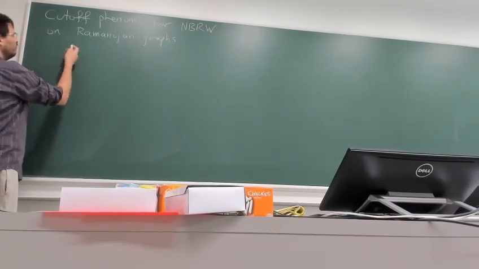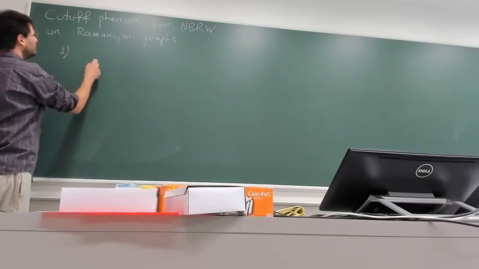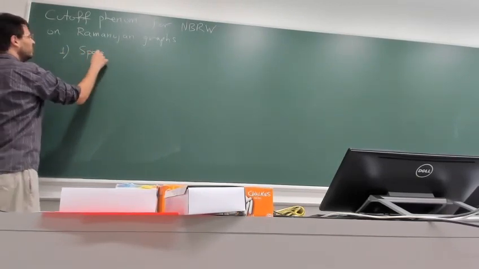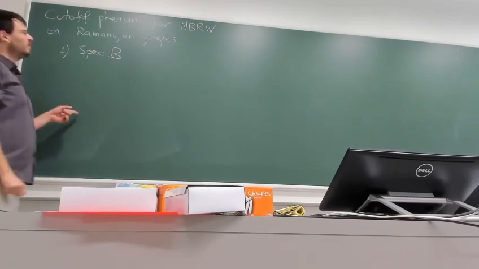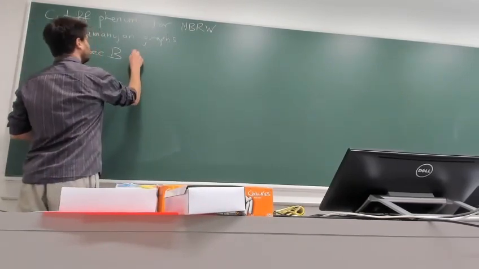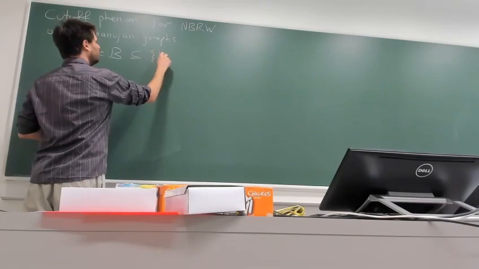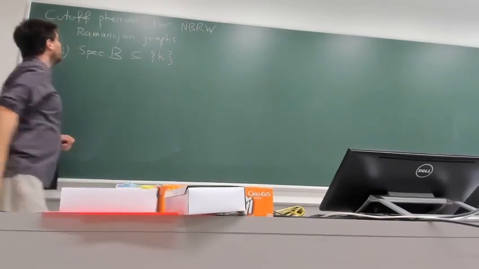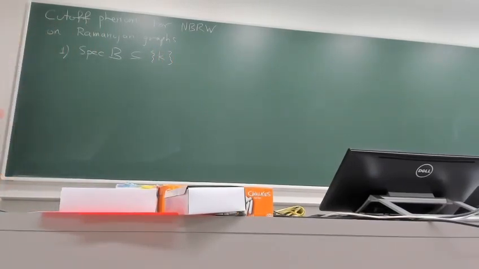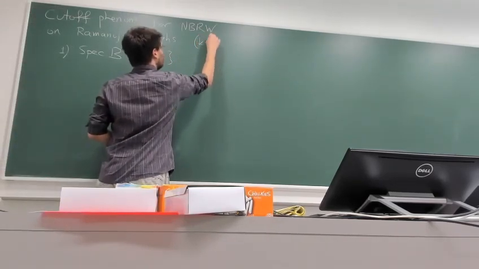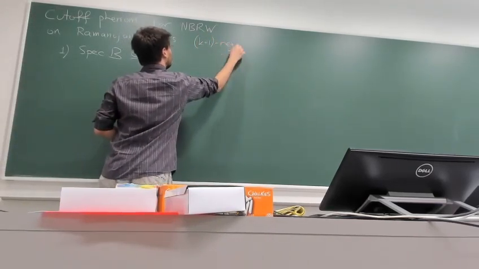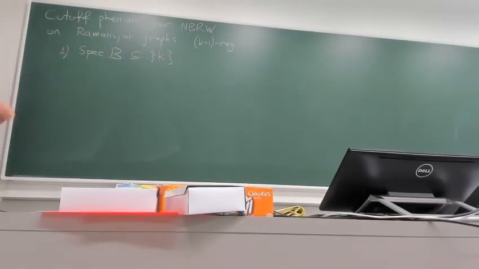It was first that the spectrum of the operator which described the non-backtracking walk was the trivial eigenvalue k, the degree. I remind you that our graph is k plus 1 regular, so the degree of the non-backtracking walk is k.